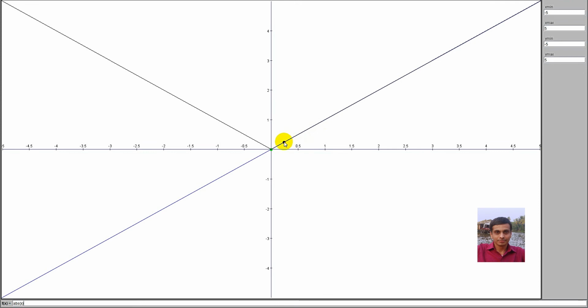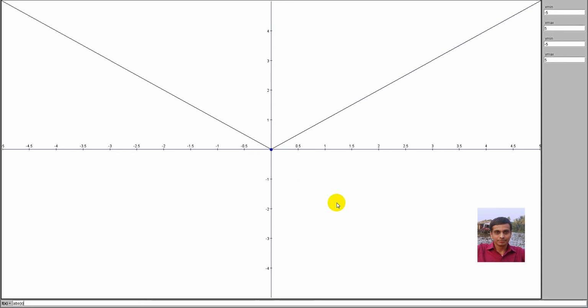Now I try to achieve the limiting position from the right hand side, and you can observe that there is a sudden change in direction. So the limiting position could not be achieved. In fact, if I click here, you can observe that in a limiting position, no tangent line is drawn at that point.